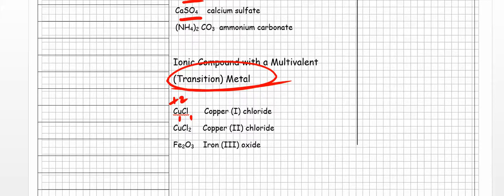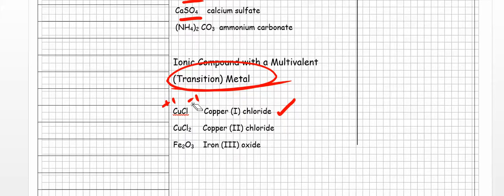Oh, I said 1 and then I wrote 2. There must have been a +1 right here and a -1 right there. When I did the switch, they came down as a 1 and a 1, right? So that means that the charge on the copper is +1. So I'm going to write the name as copper Roman numeral 1 chloride. Copper Roman numeral 1 chloride.